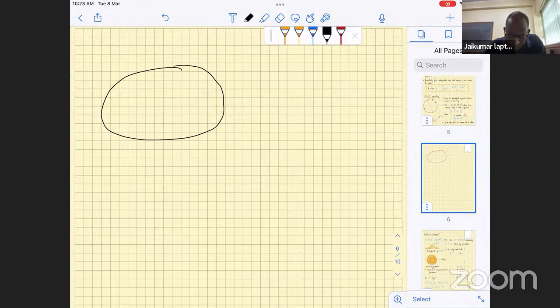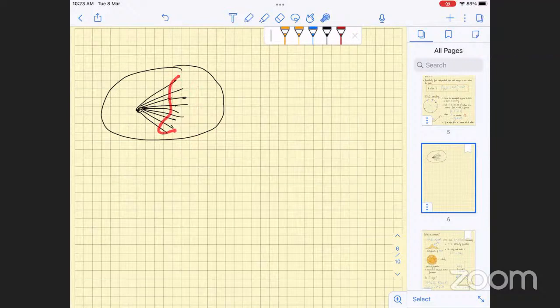So what if some vertex has high degree? Suppose there is a vertex here which has high degree. But the graph is 3 colorable. So what can we say about its neighbors, this neighborhood graph?